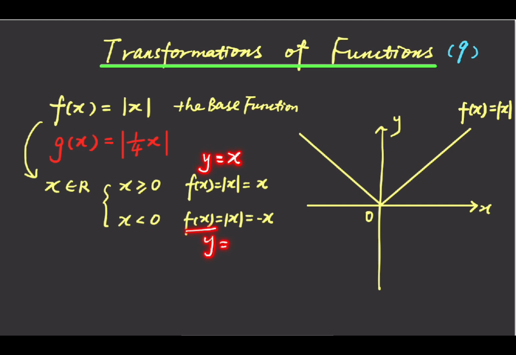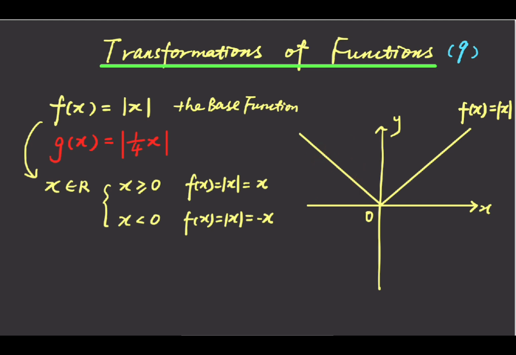For this one, y equals negative x. For this branch, every point has equal x and y coordinates. When x equals 0, y also equals 0, so the origin is also on the graph of this function.